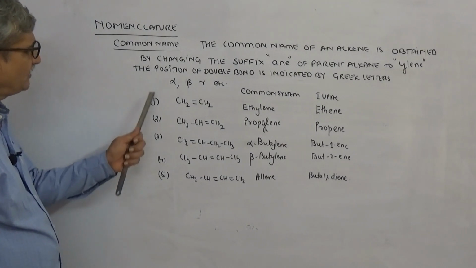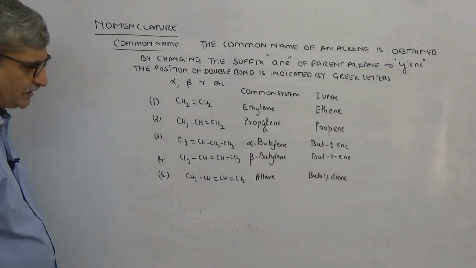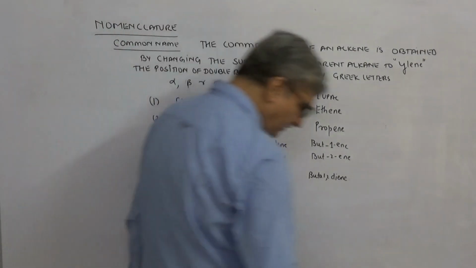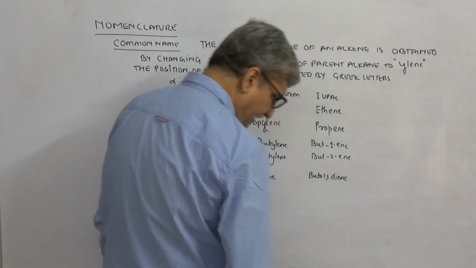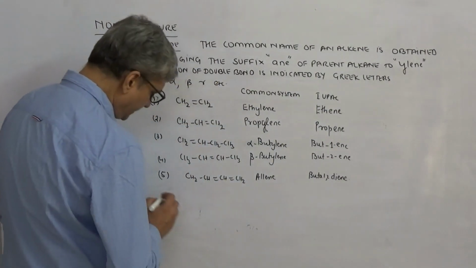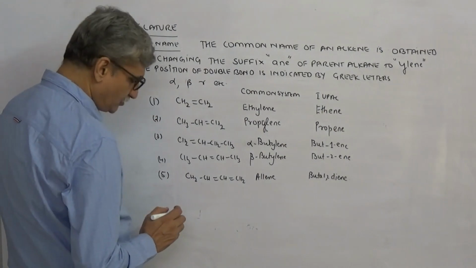I am not dwelling too much on the nomenclature because this is how it follows. Is this point clear? In the IUPAC system, there is one last point, if the double bonds are equidistant. Now, the sixth one is a very important point which we should note.